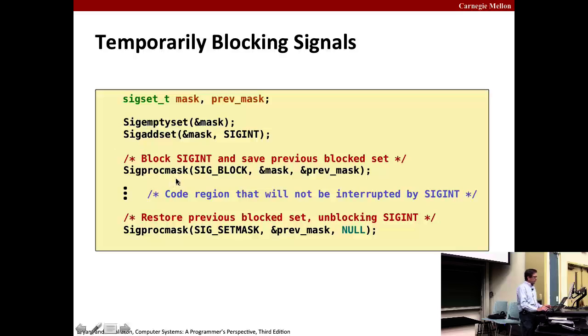And then we can execute this code knowing that we won't be interrupted by receipt of a SIGINT. And then we can restore the previous blocked set by using the SIG_SETMASK operation and passing in the previous mask that we saved when we initially blocked SIGINT.